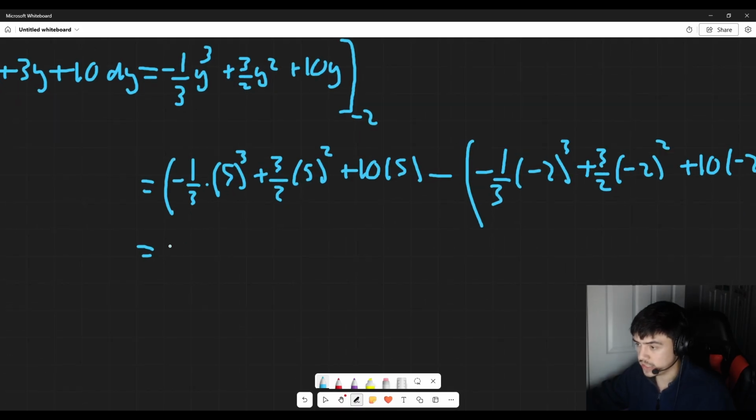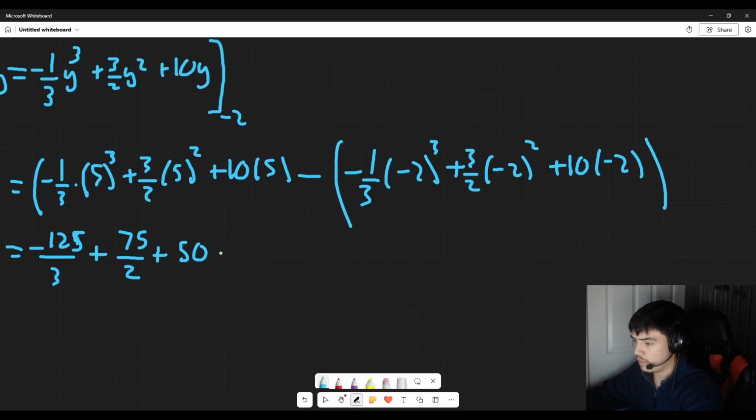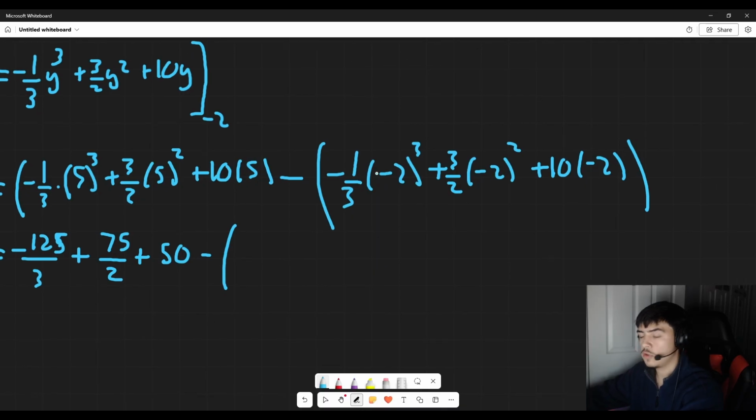So 5 cubed is 125. So we have negative 125 over 3. Then over here, we have 5 squared, 25. 25 times 3 is 75 over 2 plus 50. And we have minus, keep the parentheses, we'll FOIL it in after. Negative 2 cubed, remember odd power, it's going to stay negative.